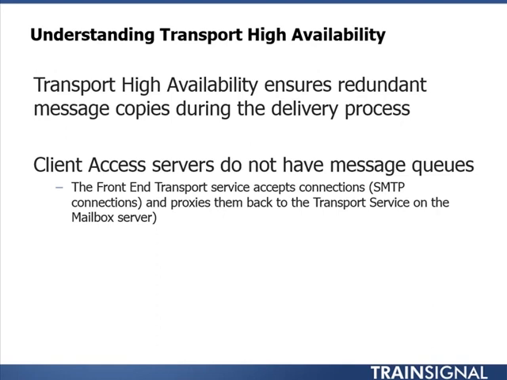The client access servers do not provide any transport high availability. They really just are a go-between between that SMTP connection to the outside and your internal organization. Okay, so we don't have to think about anything in that respect as far as what your client access servers do for your transport high availability.